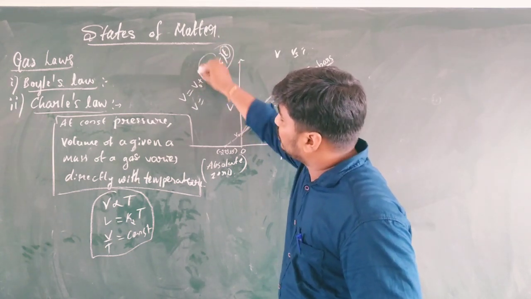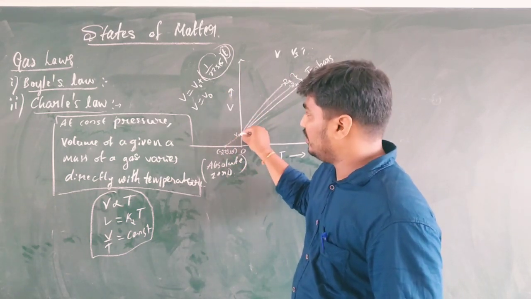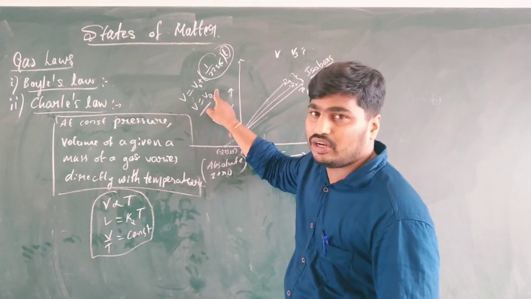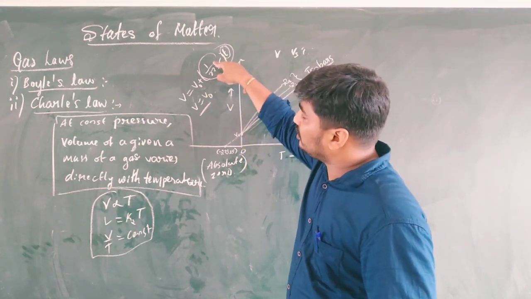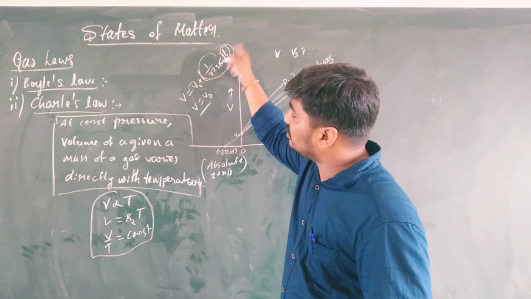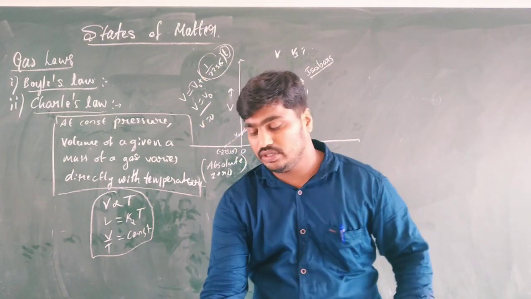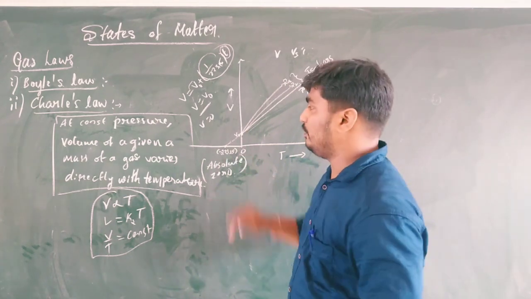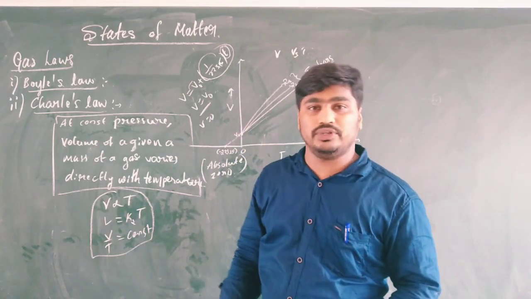Whole thing becomes 0, so V is equal to V naught. It has some initial volume at 0 degrees Celsius also. Suppose it is minus 273, then the whole thing gets cancelled and V becomes 0, correct? So this is the proof of the graphical representation from the experimental equation.